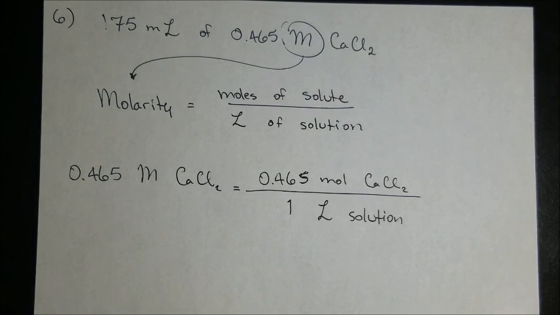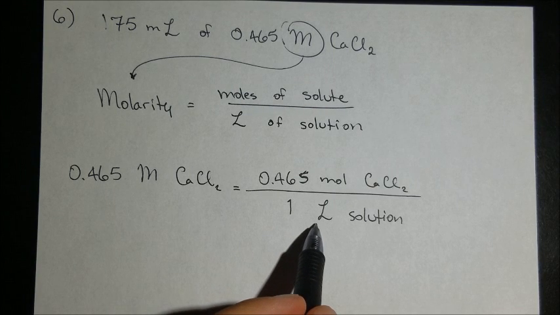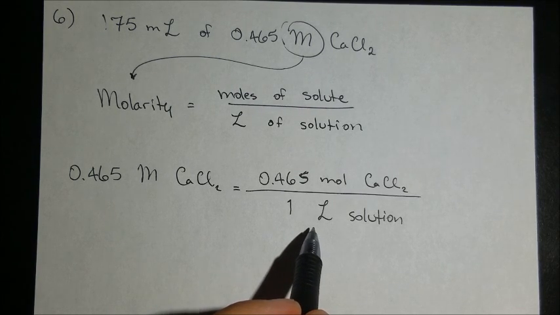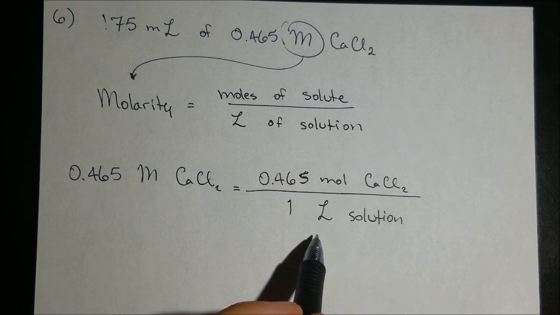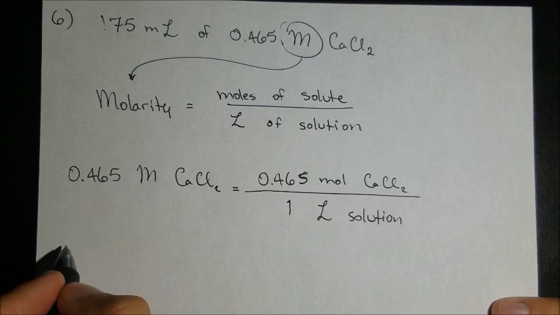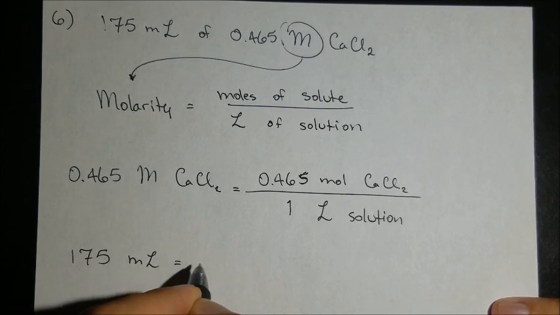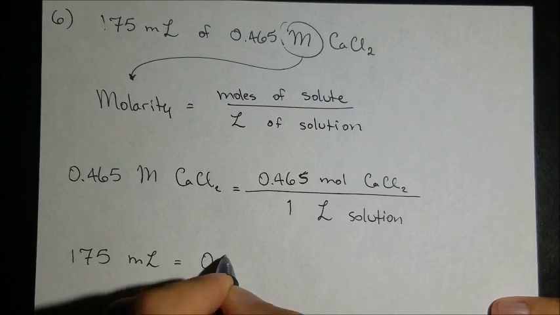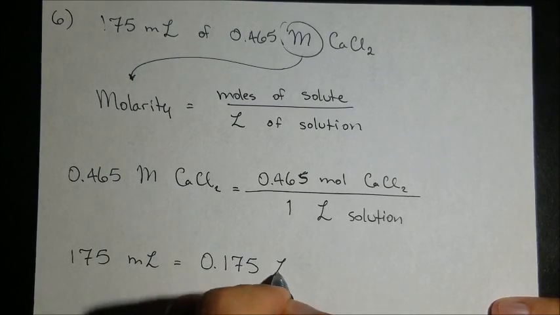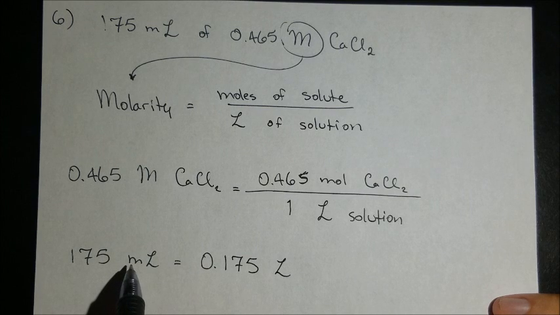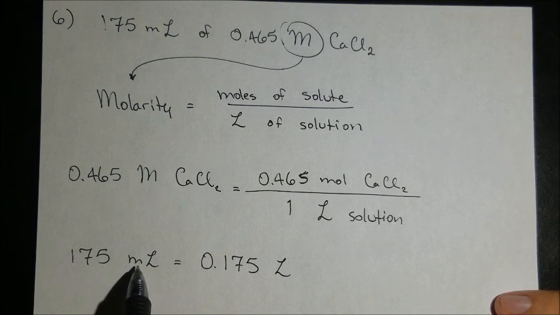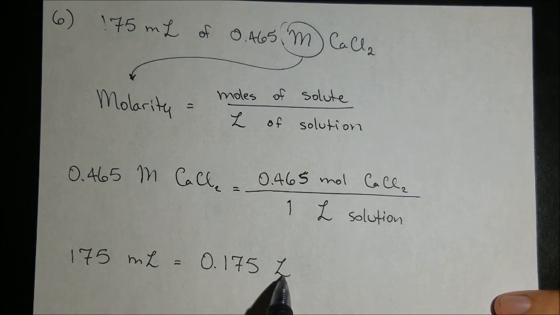So the last thing we need to do is consider that we actually don't quite have a liter of solution. We only have 175 milliliters of solution. So 175 milliliters is just 0.175 liters, because you remember that a milliliter is 1,000th of a liter.